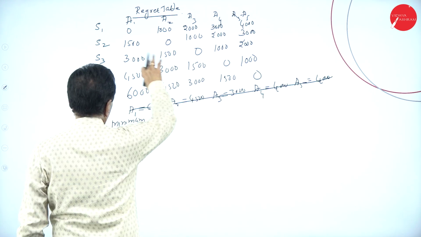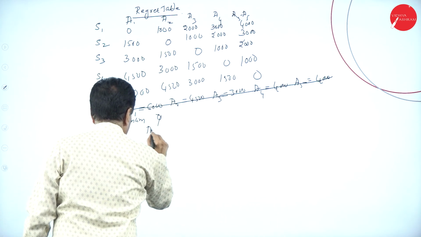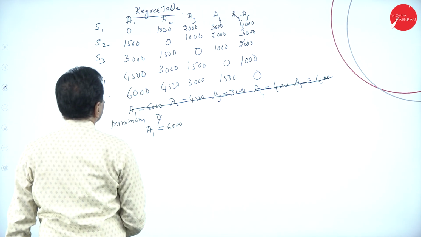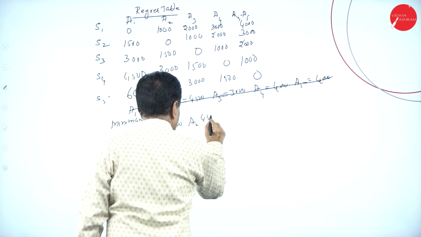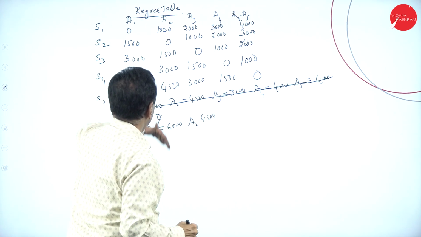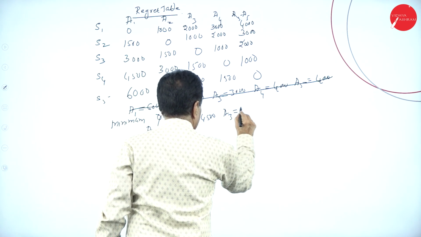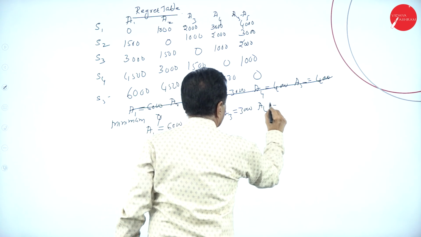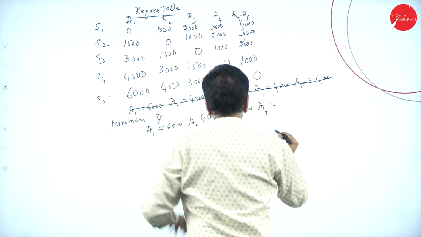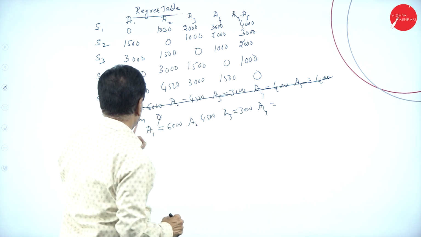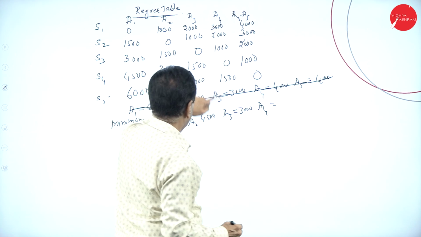Now, in this regret table, which is the highest one? A1, 6,000. A2, highest is 4,500. A3, 3,000.